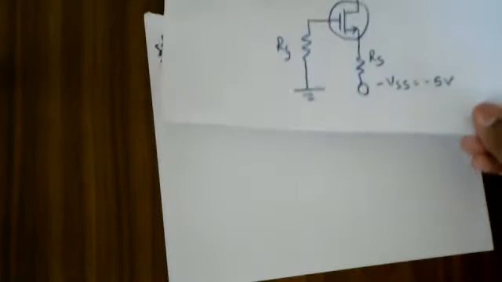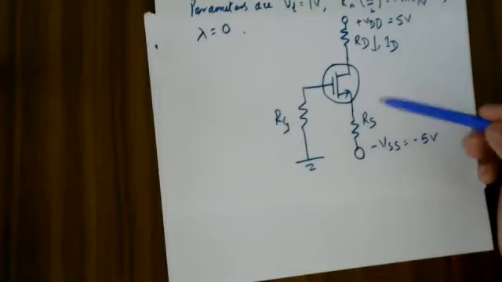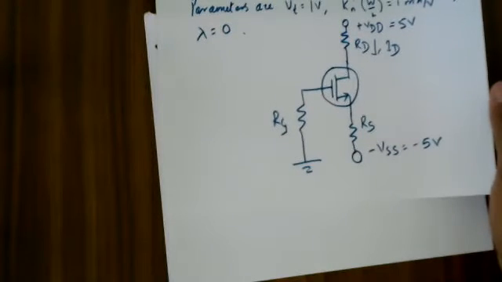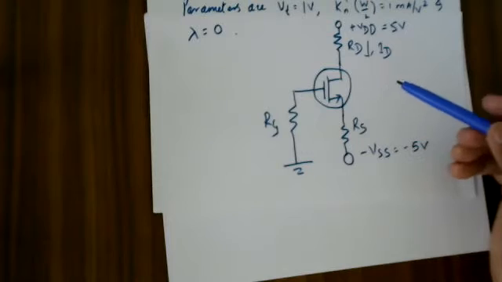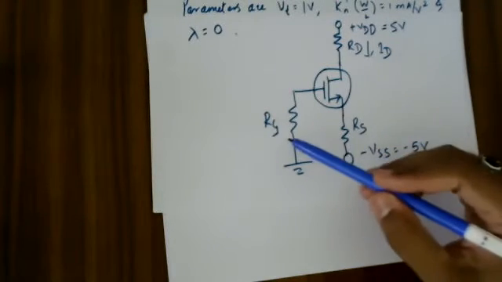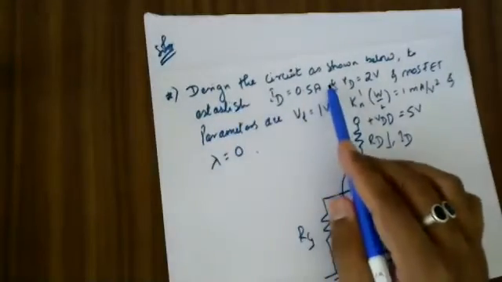Now, what's the first step when it comes to a dual power supply kind of circuit? My first step is to compute the value of RD, RS, and RG. He has asked us to design the circuit.